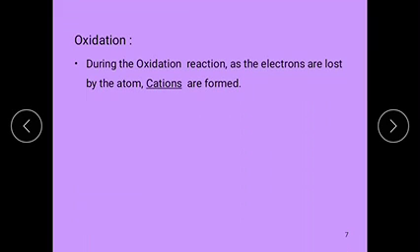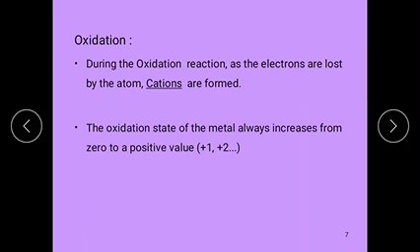During the oxidation process, the electrons are lost and it forms cations. The oxidation state of a metal always increases from 0 to a positive value, only in the case of metals. In the elemental state, any atom has zero oxidation state.